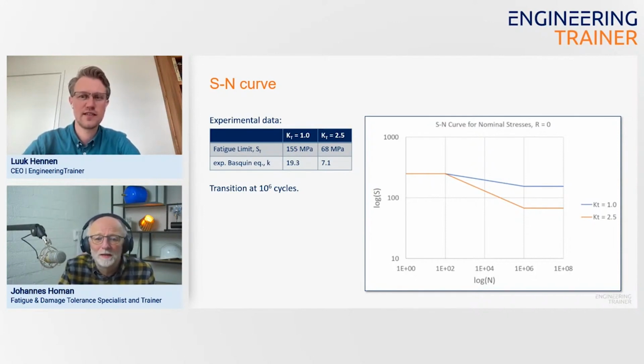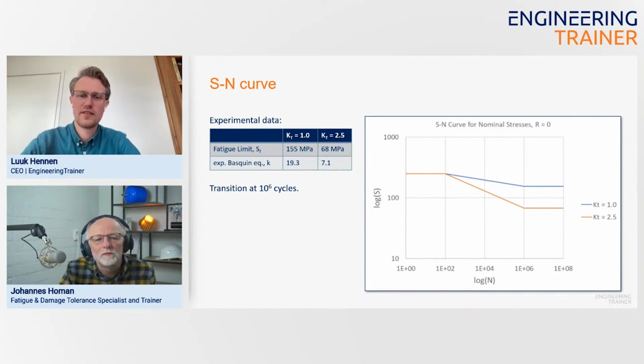But if you need it, it can be derived from the KT1 data. A first approximation would be then to take the fatigue limit for KT1 and divide it by 2.5, for example. And that would give you a certain fatigue limit for the KT 2.5 curve. As you can see in the table, if we would do that, you would end up with a different value.